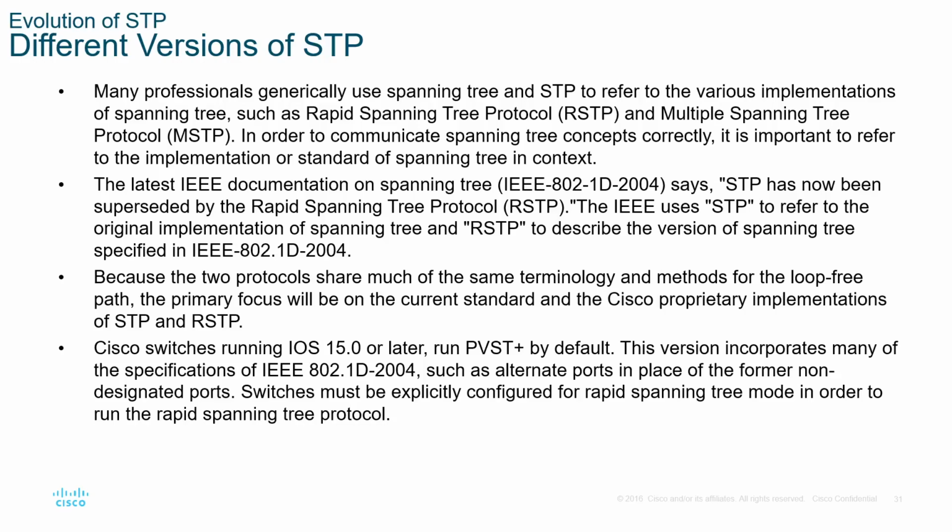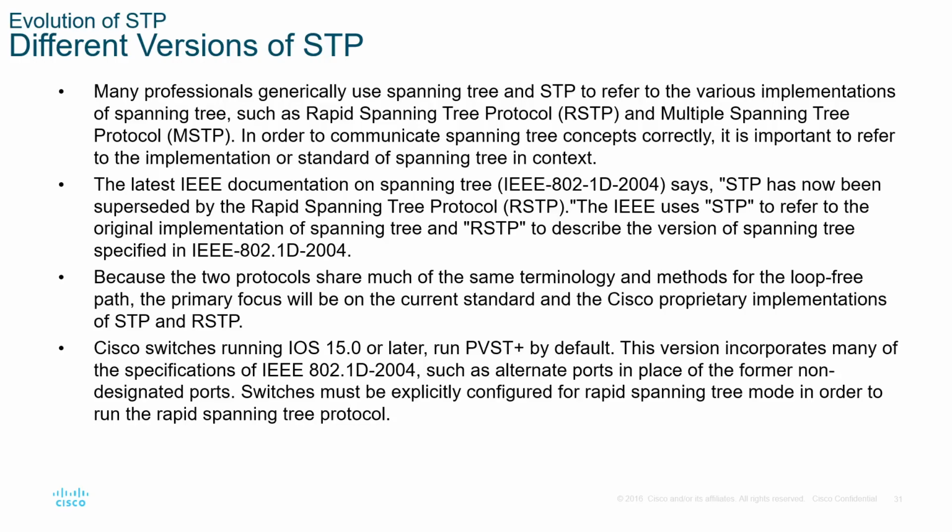The latest IEEE documentation on spanning tree says that STP has now been superseded by the Rapid Spanning Tree Protocol. The IEEE uses STP to refer to the original implementation of spanning tree and RSTP to describe the version of spanning tree specified in IEEE 802.1D-2004.